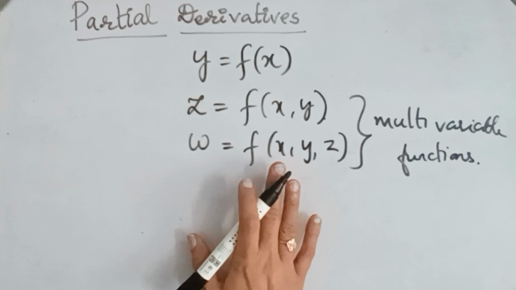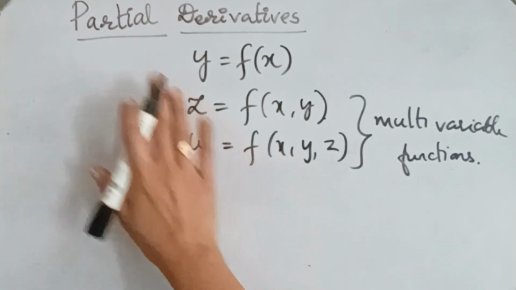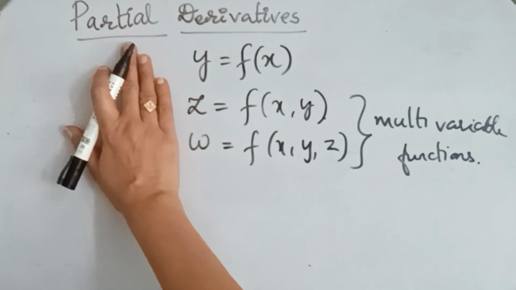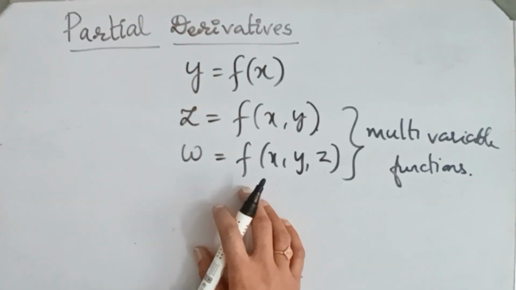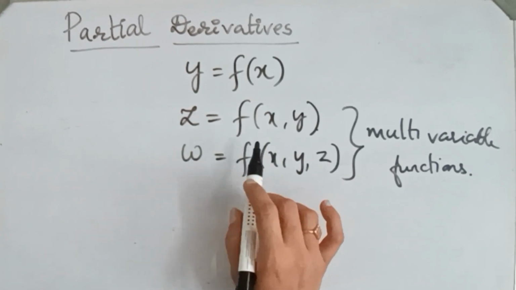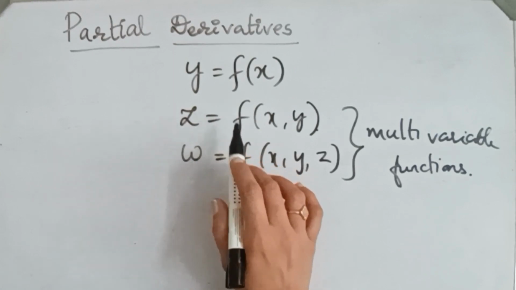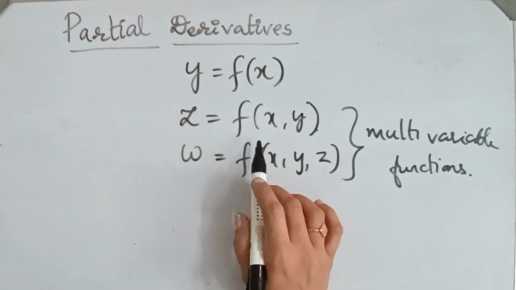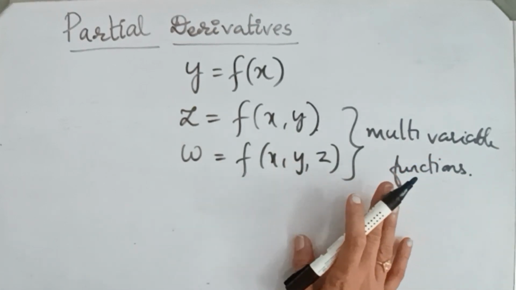If there is more than one independent variable in any given function, then the concept of partial derivatives comes into existence. The partial derivative of any function is nothing but the derivative of that function with respect to one independent variable by keeping all other independent variables constant.